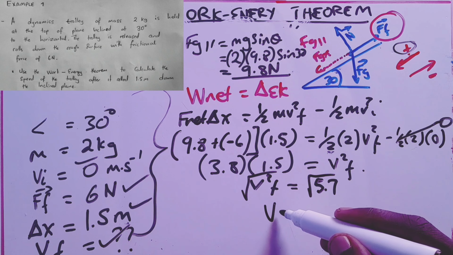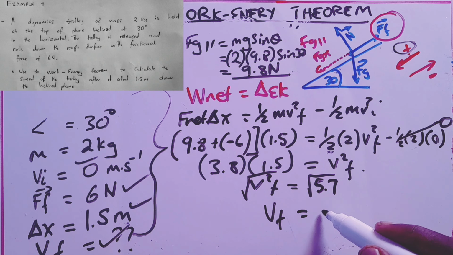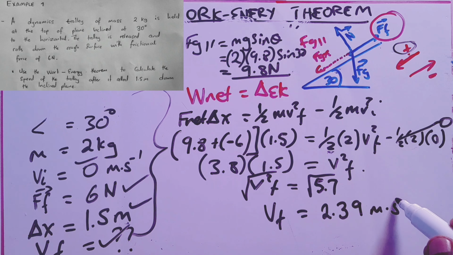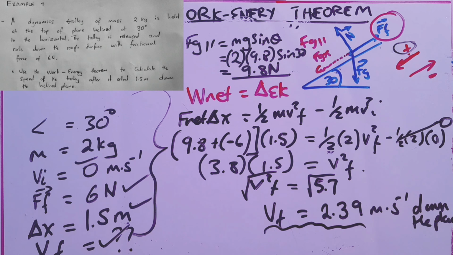So it means that our v final will be equal to 2.39 meters per second down the plane. So this is how we can use the work energy theorem to find our answer, right? Maybe let's do another example so that you can be okay and you can learn how to use it perfectly.